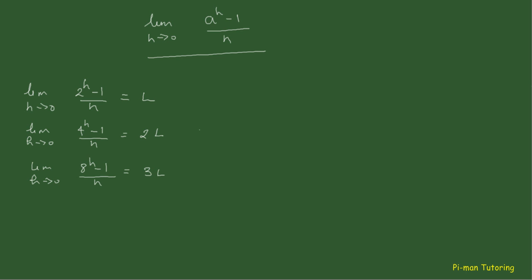Now let's write these second two rows in a slightly different way. Let's write that 4 as 2 squared, so we can write the limit as h tends to 0 of 2 to the h, squared, minus 1 over h.